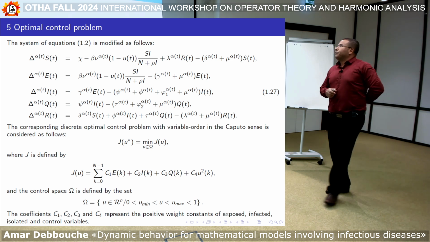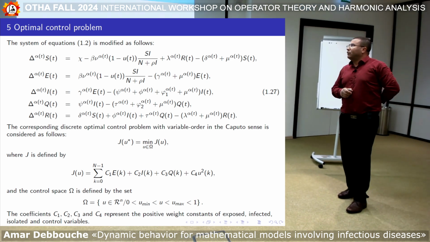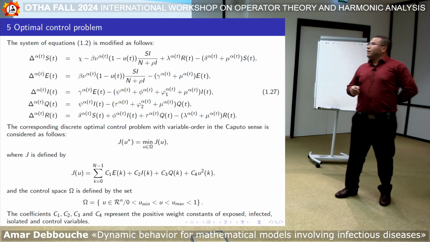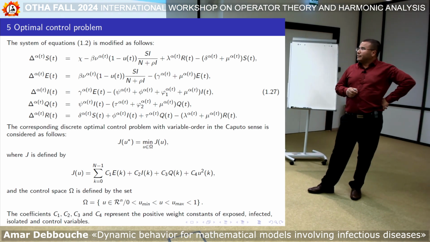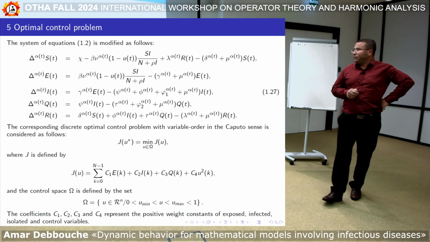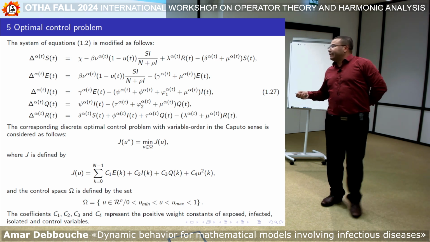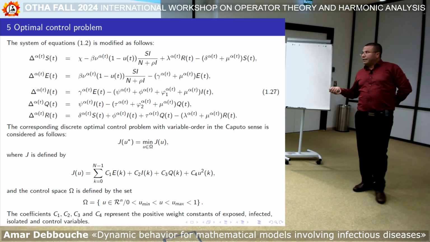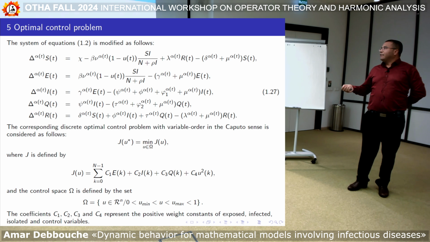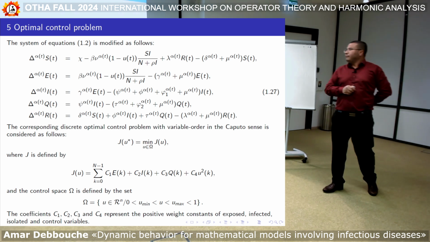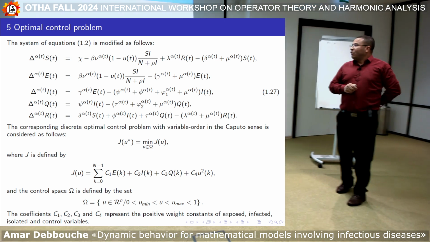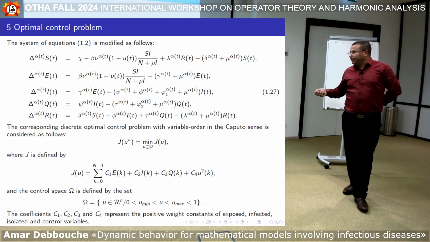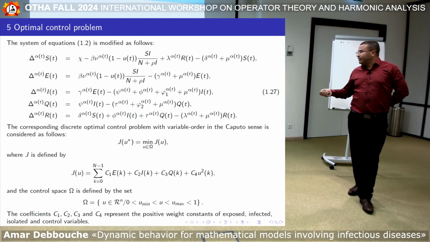Now we present some optimal control analysis. Our considered system will be modified as follows in terms of the control function U, as you see. The corresponding discrete optimal control problem with variable order in the Caputo sense is considered with this problem, where the functional capital G is defined with this summation.